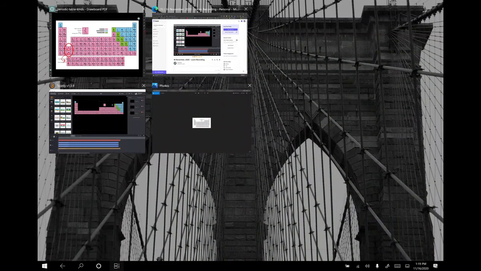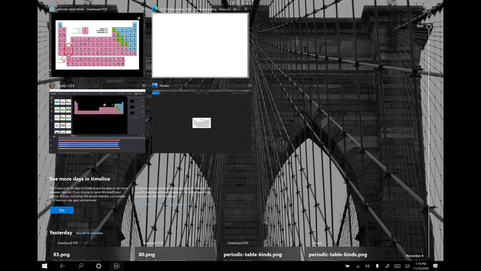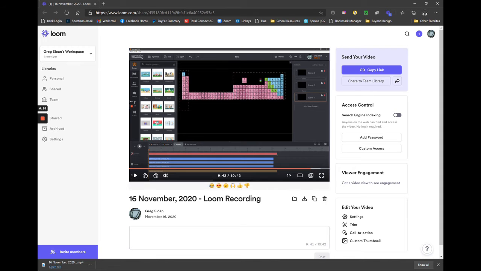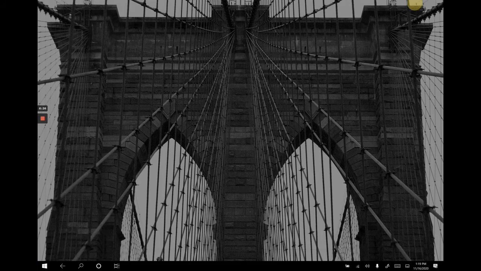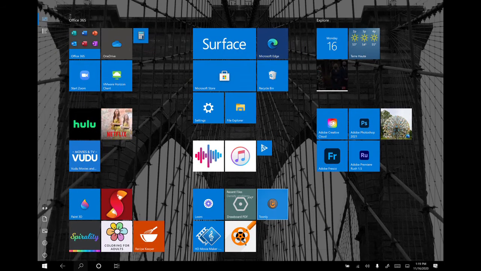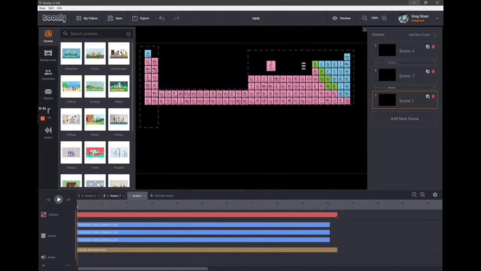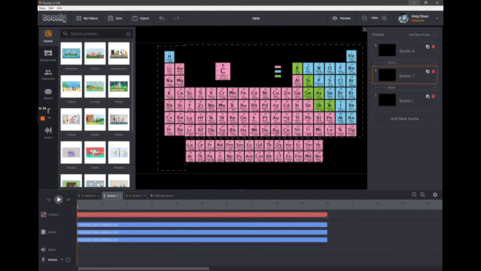I can show you a little animation that I did here. Oops, that's not it. I'm going to start this animation, and you will see what happens if we take those bottom rows, 57 through 70 and 89 through 102, and put them where they are supposed to be.